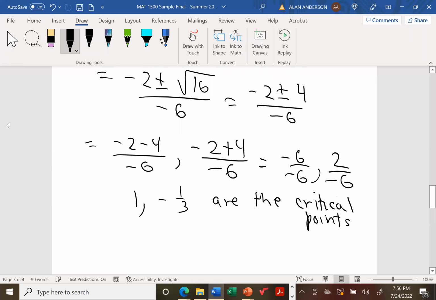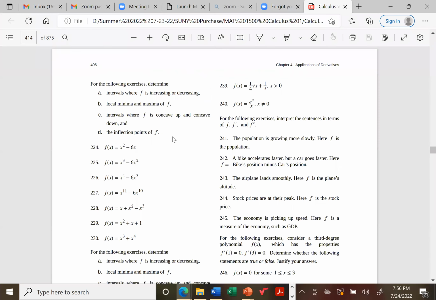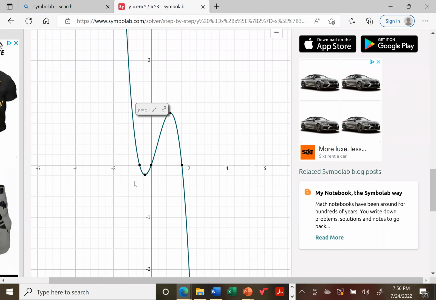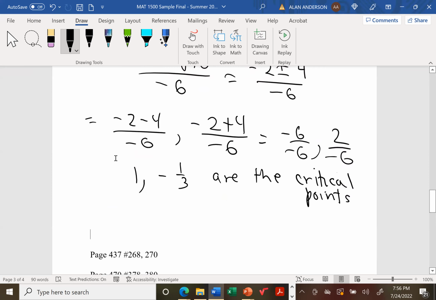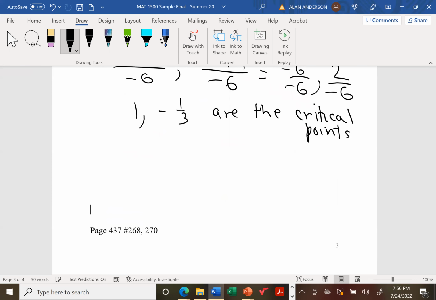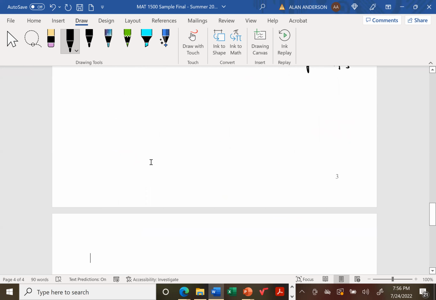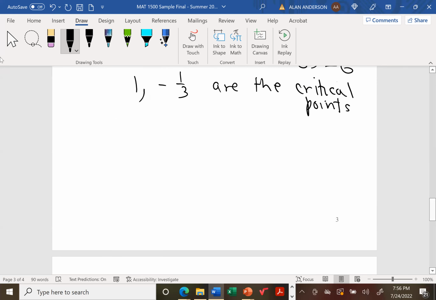And of course, if you look at the graph, that looks about right. 1 and -1/3. 1 is here, and it even says so in Symbolab, and -1/3 is right here. Okay, so that's where we find relative maximum and minimum. What we're going to do now, though, is check. So essentially we're going to pretend that we don't know what this graph looks like.